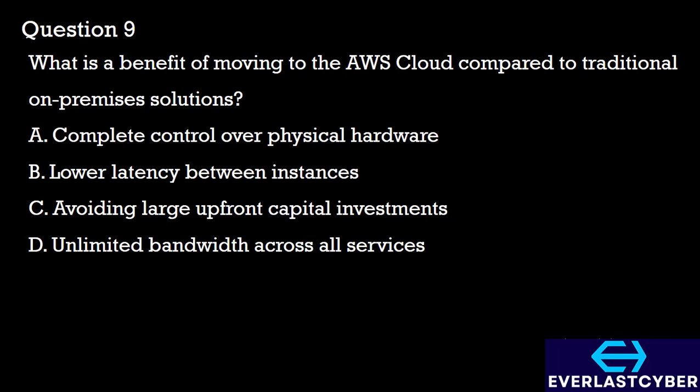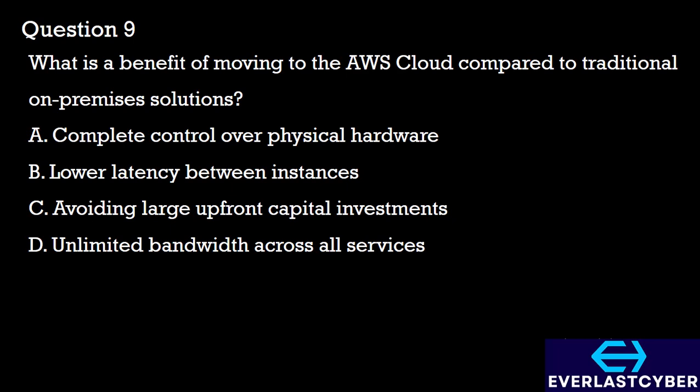For option A, in the cloud, AWS manages the physical hardware and customers do not have direct control over it. This reduces the burden of hardware management, but it does not provide complete control. Lower latency between instances, while this is offered by AWS within regions, latency is not inherently lower compared to on-premises solutions, where the instances may be located on the same local network.